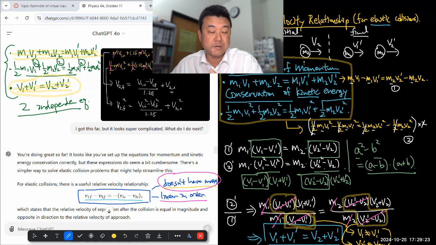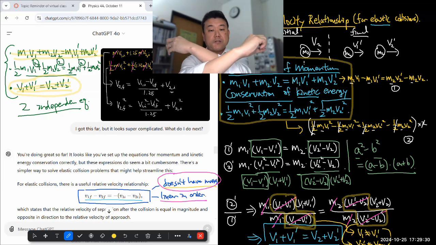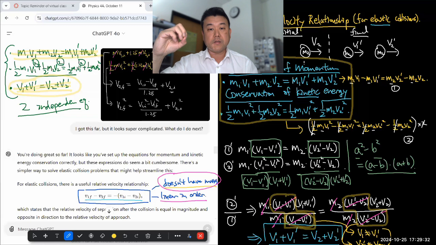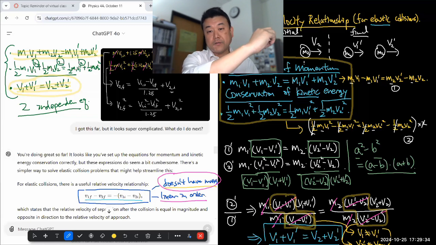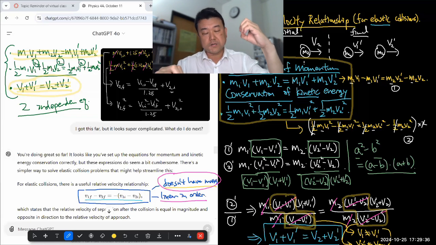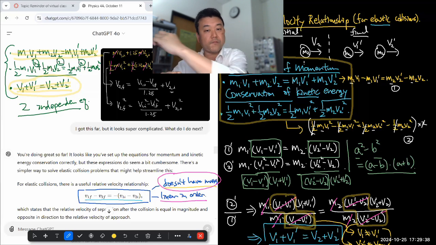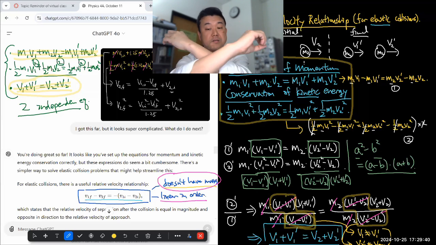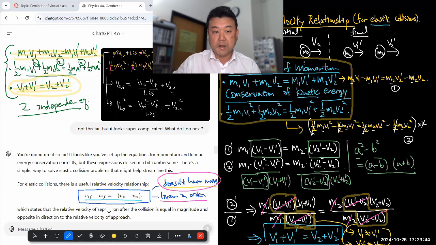It's the trivial solution. It's the solution where nothing happened, where two things are colliding and they just pass each other. So initial velocity of an object is equal to its own final velocity. Initial velocity of another object is equal to its own final velocity because they didn't collide, they just passed through each other. So in using this relative velocity equation, you are losing some information.